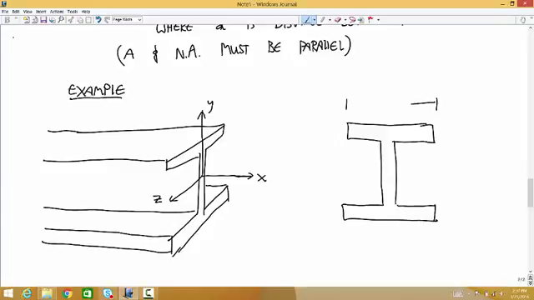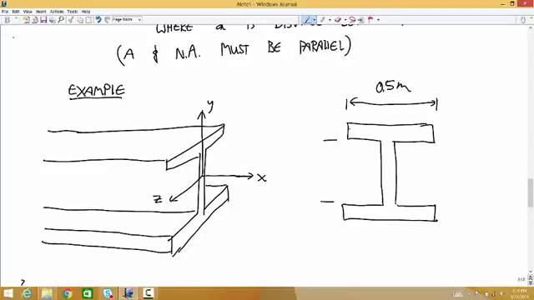So let's say this is called the flange, I think that is right. And this is called the web.